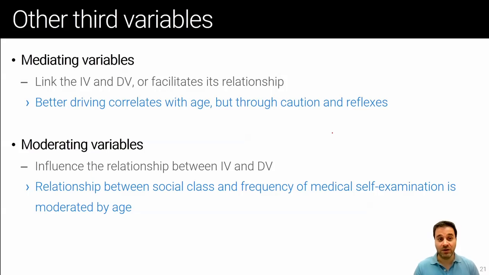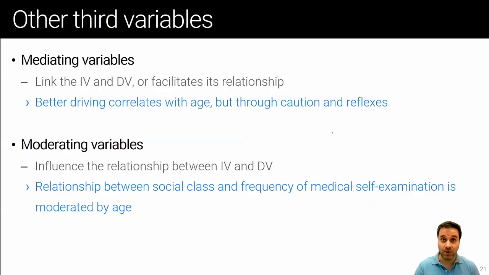And then we have moderating variables, those that influence the relationship between the independent variable and the dependent variable. So think about the relationship between social class and the frequency with which women self-examine for breast cancer. We see that people of higher social classes tend to self-examine more often, but once they get to a certain age, there's no difference between them.